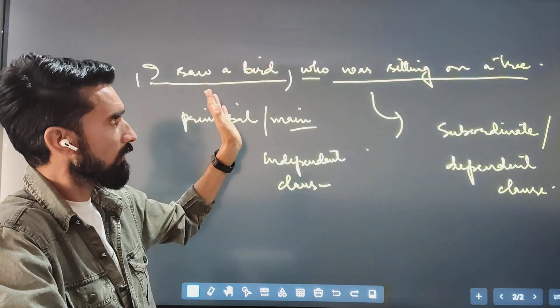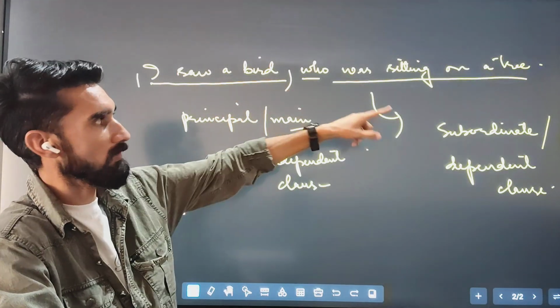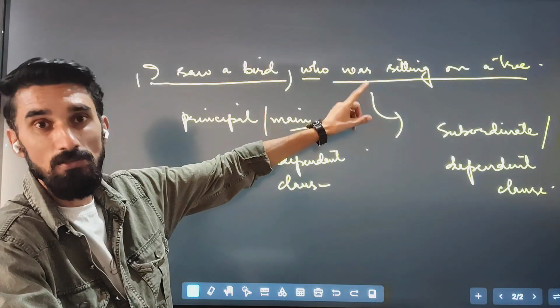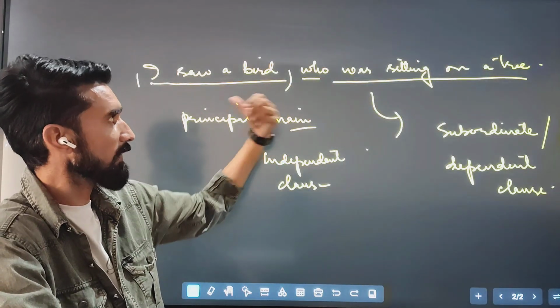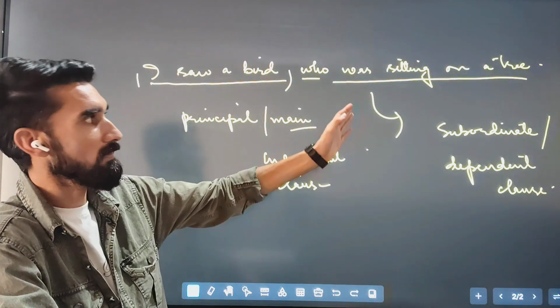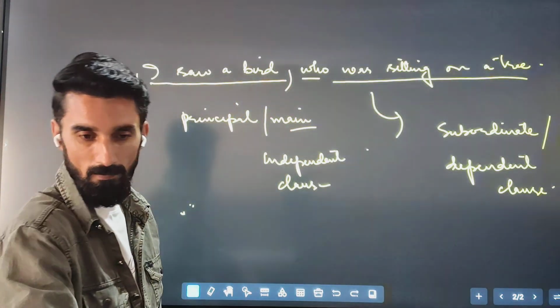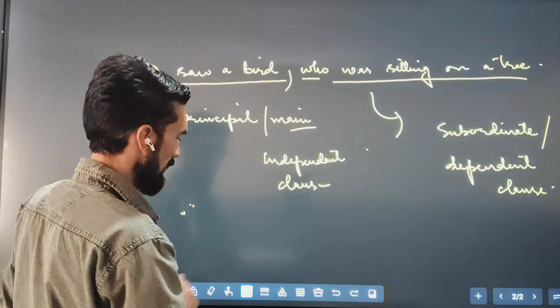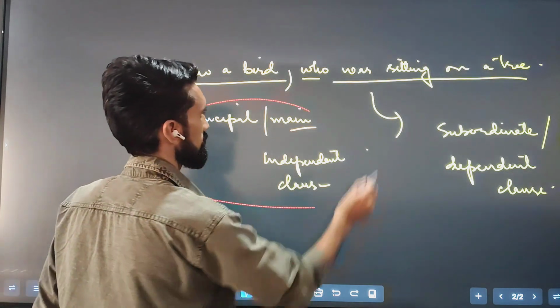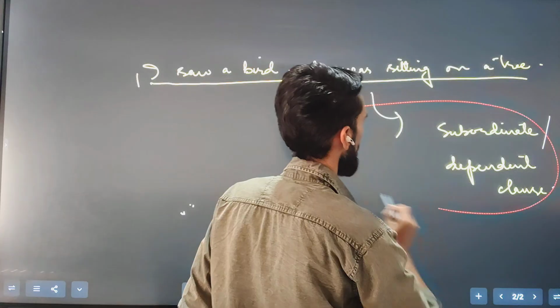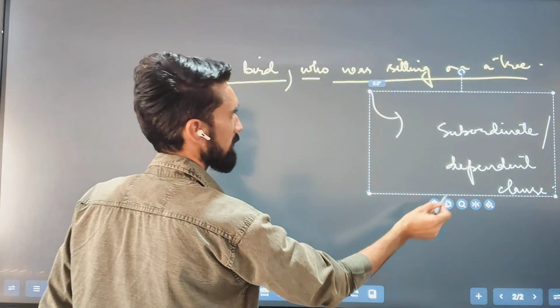It is independent because it doesn't depend upon the other clause to make a complete meaning, but the clause used here is dependent upon this one. So that is a subordinate clause. And this sentence altogether is a complex sentence because one clause here is independent and another is dependent.